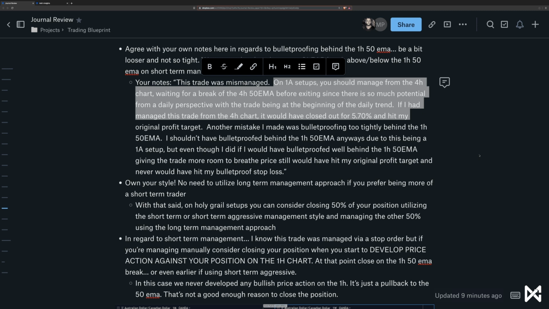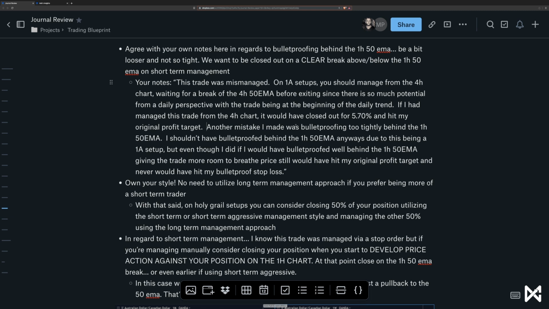If you have a collection of a lot of data, multiple trades, telling you that yes, 4 hour management works better in your case. You cannot make that decision off of one position, right? Because a lot of times 1 hour management is better than 4 hour management, and sometimes 4 hour management is better than 1 hour management. Commit to one, or make a plan when to use both, right? But it's not a mistake.